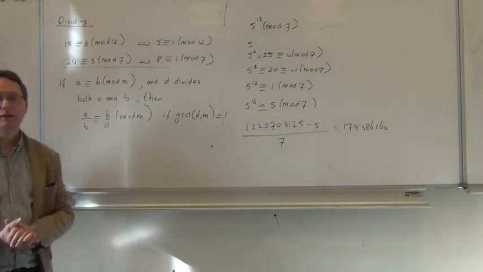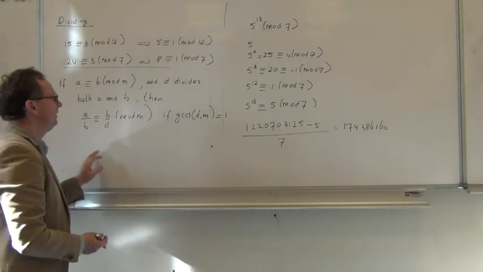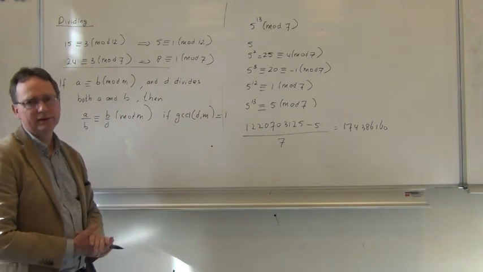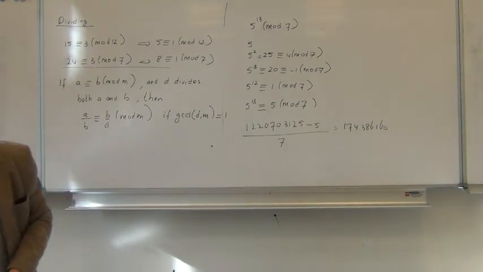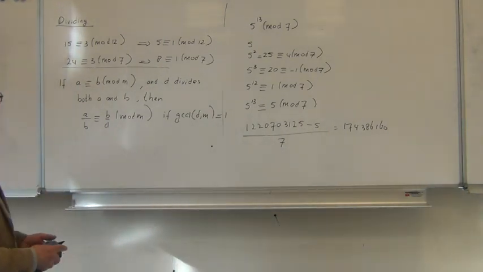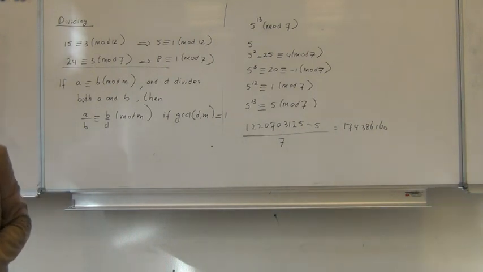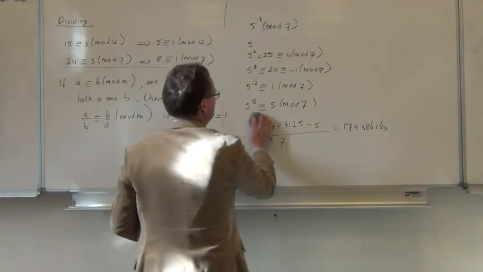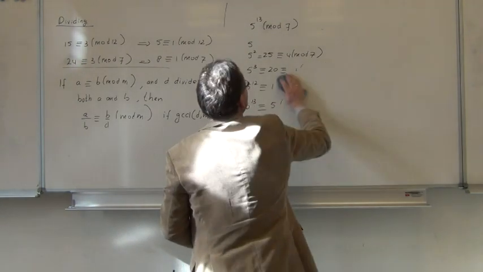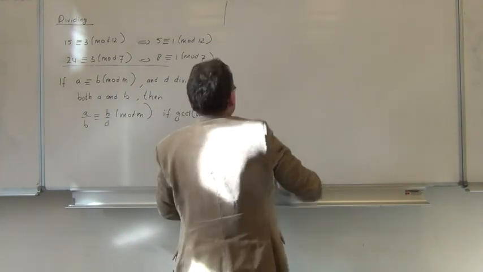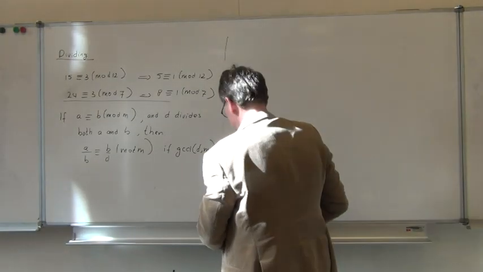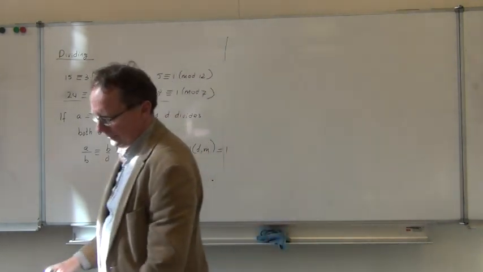Okay, of course the next question is, what if the GCD is not 1? Well, then we have to extend the rule a little bit. So if the GCD is not 1, okay, so now we move to a general rule. So we have the same situation.